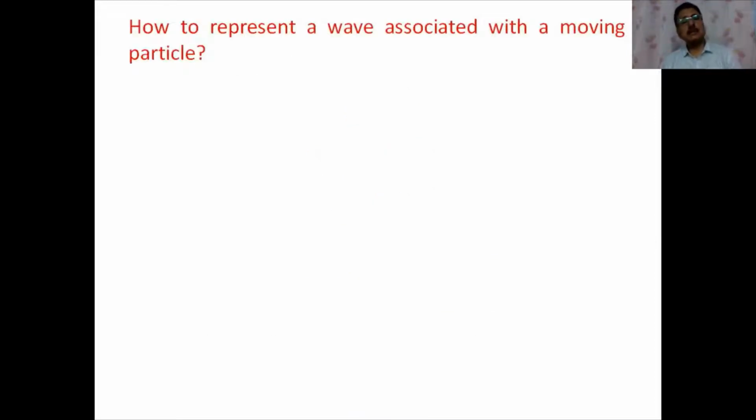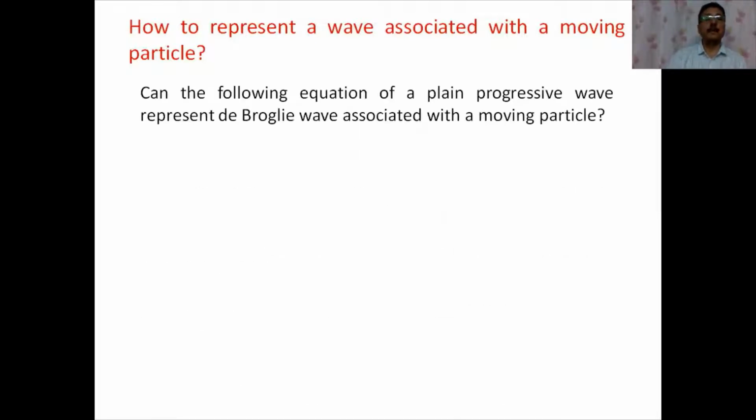Now, next question is, if there is a wave associated with a moving particle, then how to represent this wave? Does it look like a sinusoidal wave or a triangular wave, or what kind of a wave can we associate with it? Can the following equation of a plane progressive wave represent the de Broglie wave associated with a moving particle?